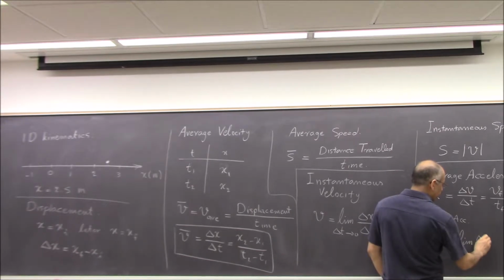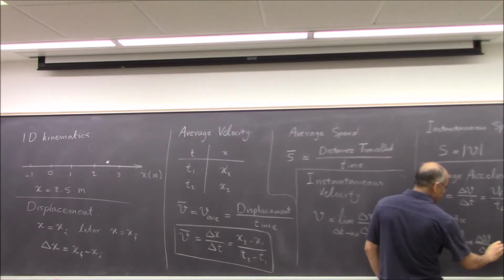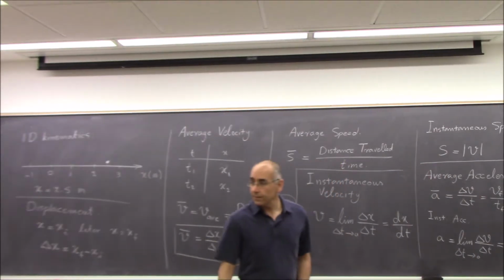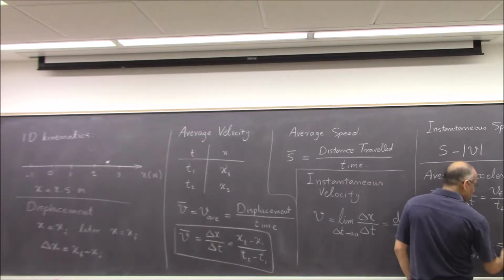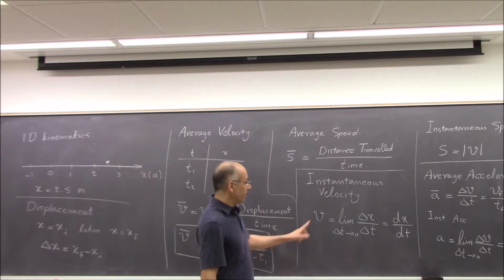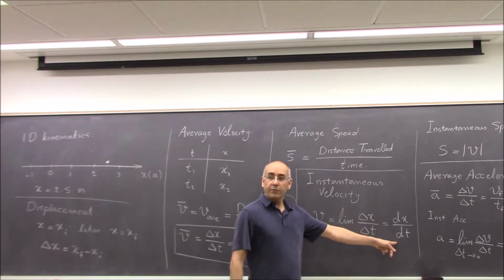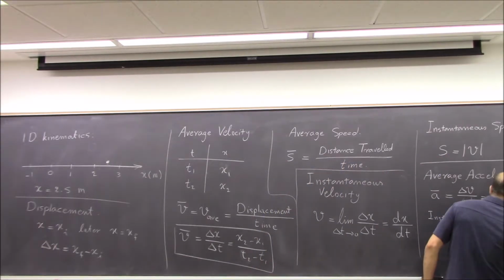Limit of delta v over delta t as delta t goes to 0, which is dv over dt, meaning the derivative of velocity with respect to time. Because velocity is the derivative of position with respect to time, this becomes the second derivative of position with respect to time.